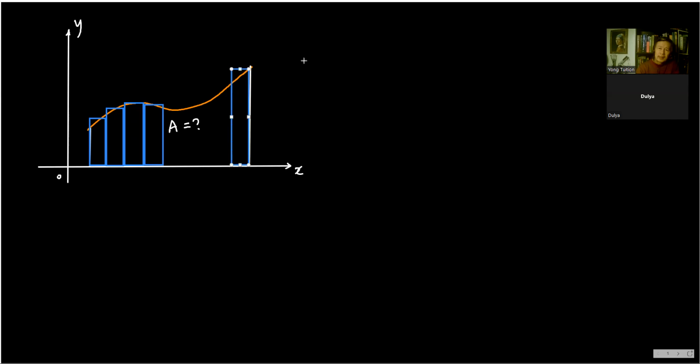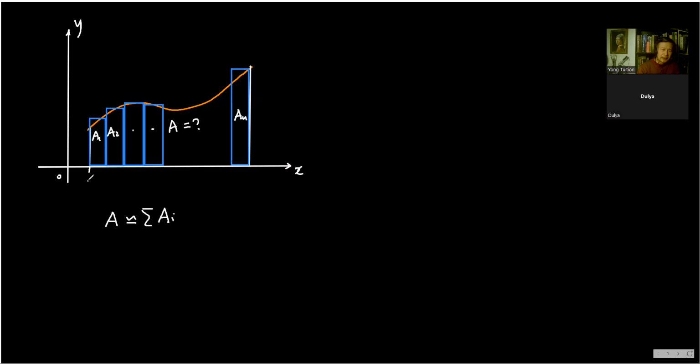So we can argue that the exact area will be very close to the sum of these individual areas. Do you agree? Of course, there are some differences, depending on how we choose this width.